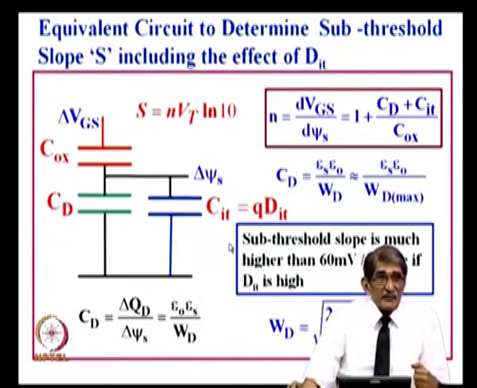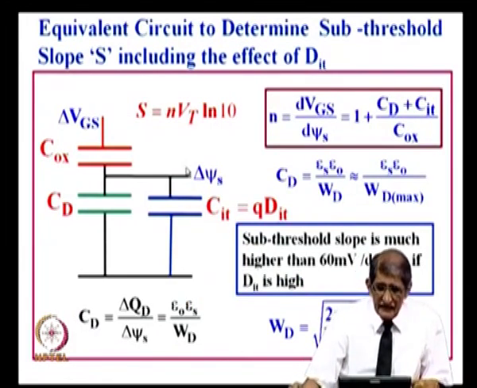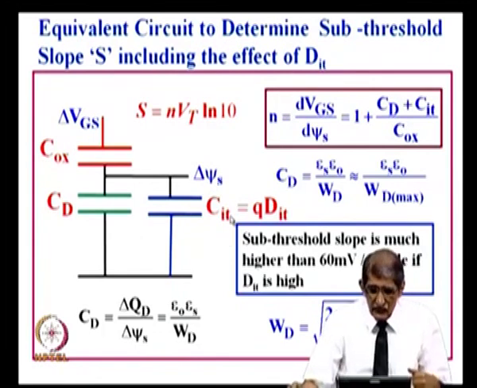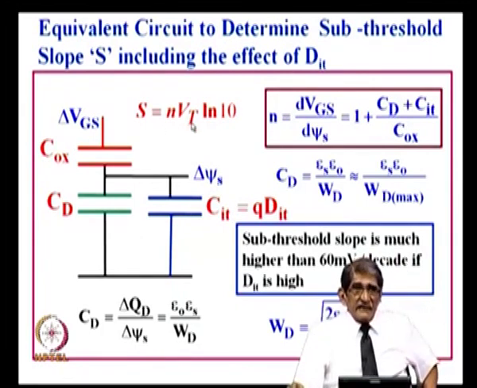Now, what will happen? Originally, the interface state density was equal to 0. We found the subthreshold slope S equal to n kT/q log 10, and n was equal to 1 plus C d by C oxide. Now, when you change delta V g, the charge change was only across C d because of the widening of the depletion layer. But now, because of this change in the potential here, not only does the charge in the depletion layer change, the charge in the interface state density also changes.